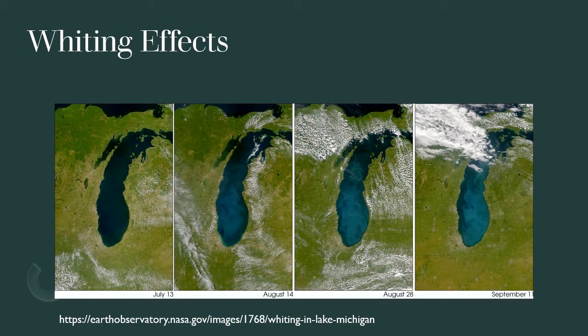A whiting event is a common occurrence in late summer and is caused by changes in water temperature. This is going to allow for particles of calcium carbonate to form in the water column. Increased photosynthesis from algae and other marine life can reduce the amount of carbon dioxide in the water column, and this is going to change the acidity of the water and allow the calcium carbonate to form.